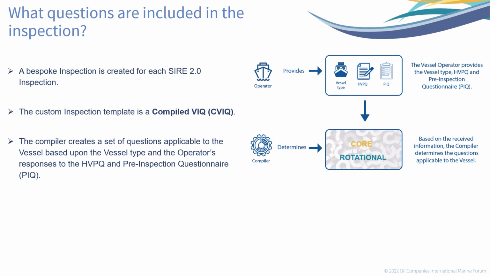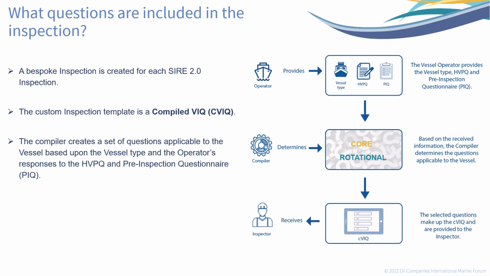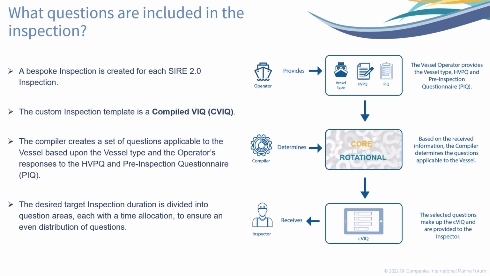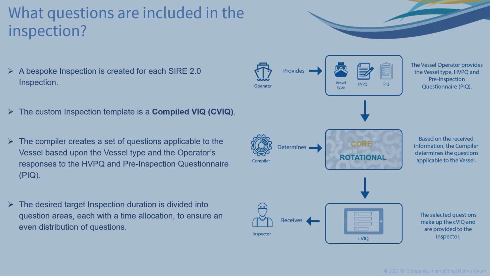These responses will be graduated and supported with documentary evidence. The CVIQ and the information provided through the pre-inspection questionnaire are downloaded to the inspection editor on the inspector's tablet. The expected duration of a Sire 2.0 inspection is spread over the different areas of the vessel to ensure a balanced allocation of questions for each area.